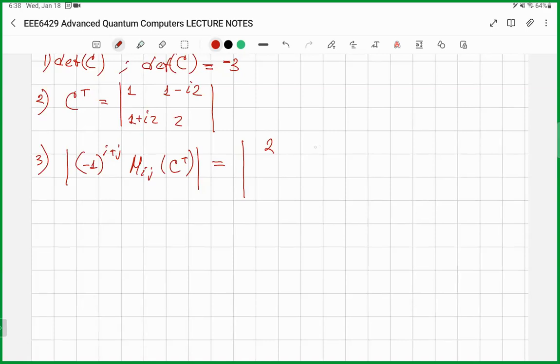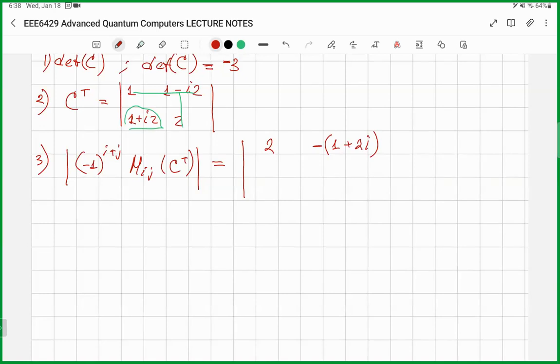So I put minus for the second element. And now for this element, I remove this row and this column, and I get this element here, right? So this is my minor of the corresponding element. So this is my 1 plus 2i, and etc.